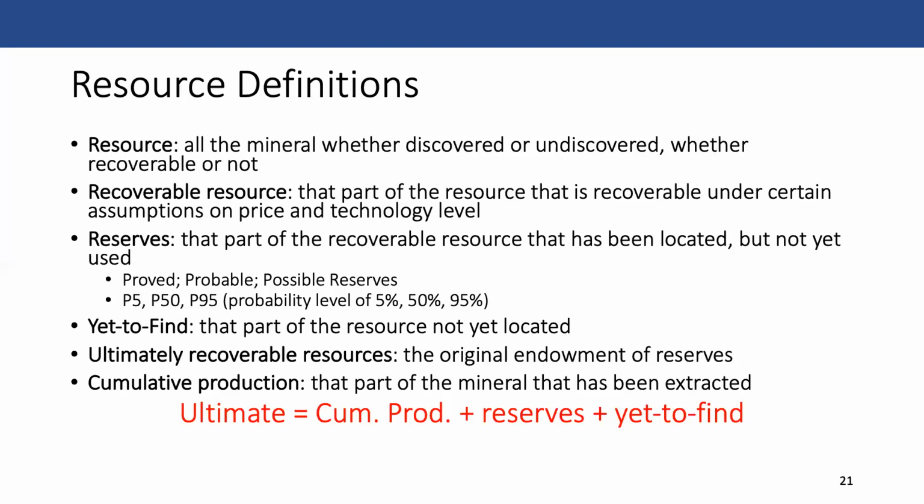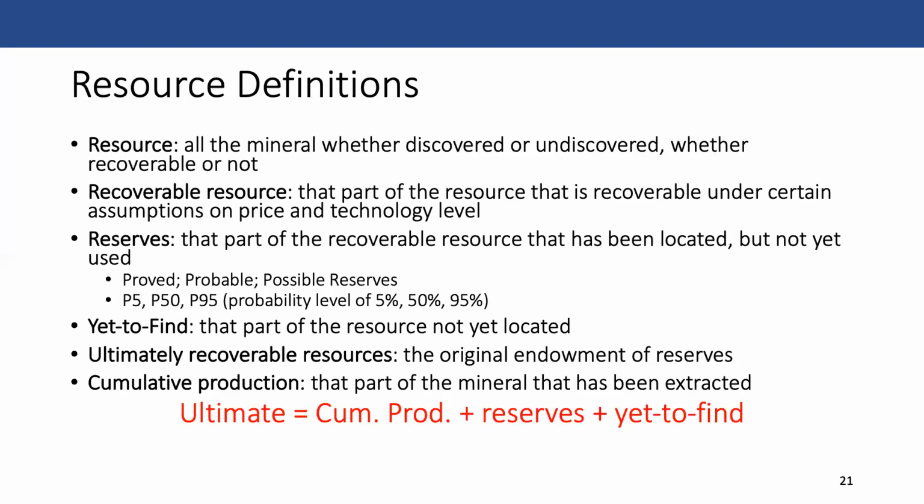And so on the basis of economics, resources may be unrecoverable because it just doesn't make sense to do it based on the price, and that can be one of the reasons why recoverable resources can change over time, because the prices are changing over time.